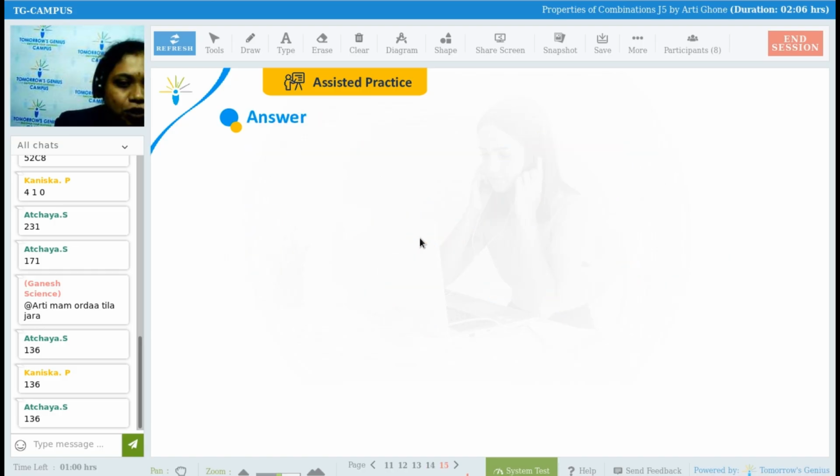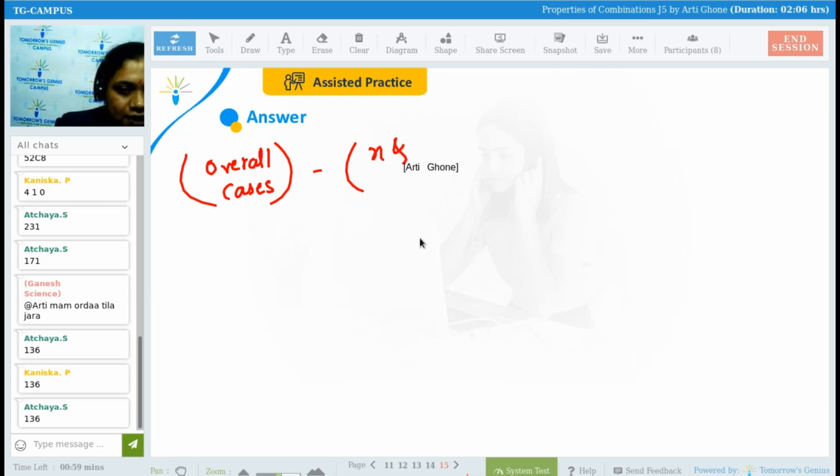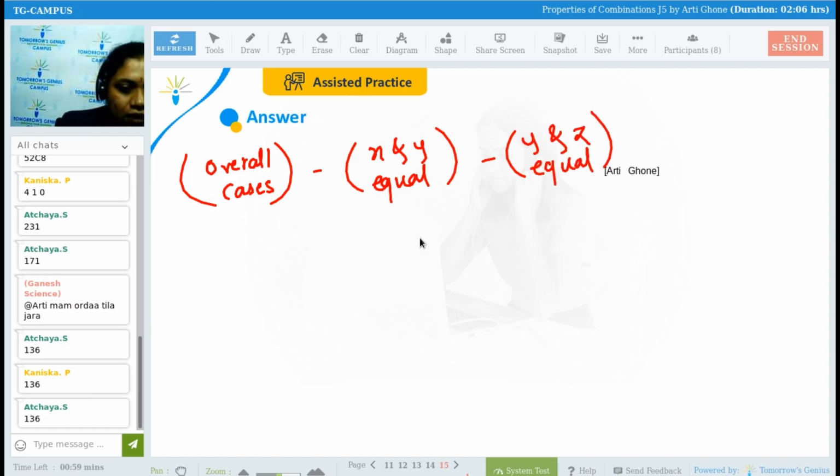Means what? What are the not required things? Means overall cases minus what will be the answer? x and y equal will be subtracted. Clear? Okay. Minus y and z equal will be subtracted. Clear? Or minus x and z equal will be subtracted.